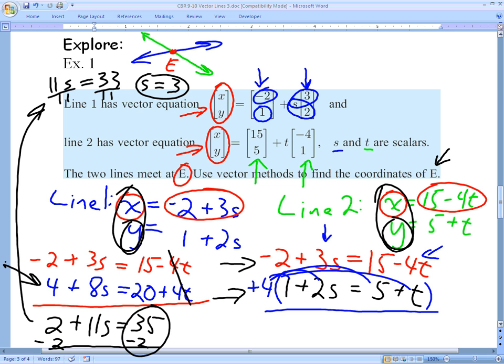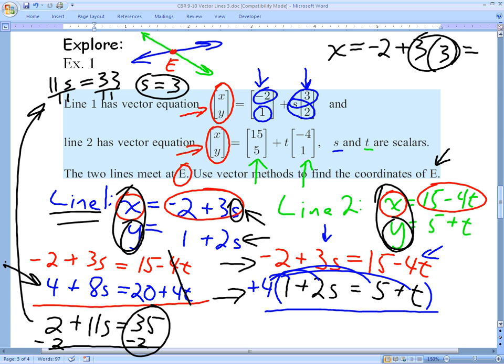And you'll notice one of my equations, which is line 1, only requires me to use s's in my equation. So I'm going to plug in the s value of 3. So to get the x value, it'll be equal to -2 plus 3, and then again, I'm using this s right here, which has a value of 3. And so I get x is equal to 9 minus 2, which is 7.